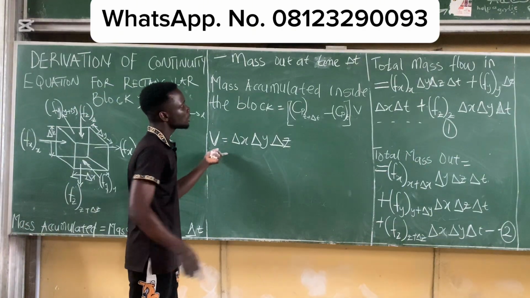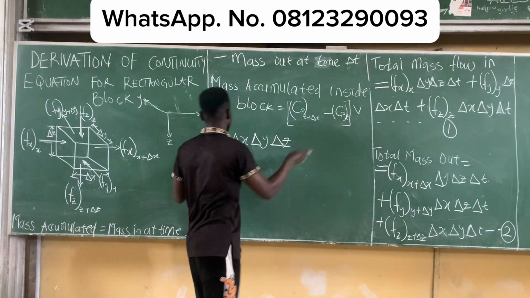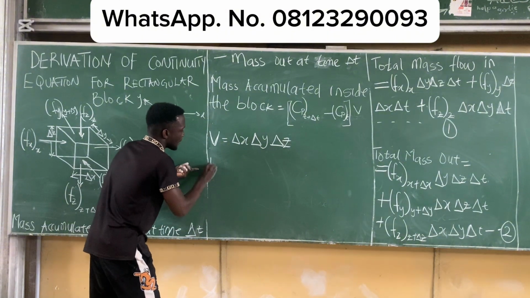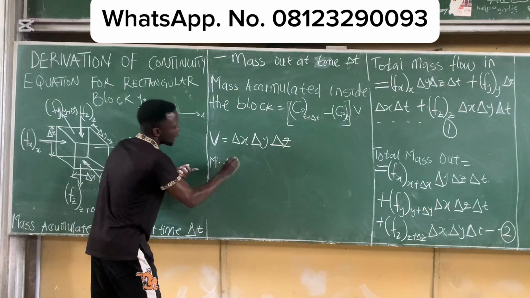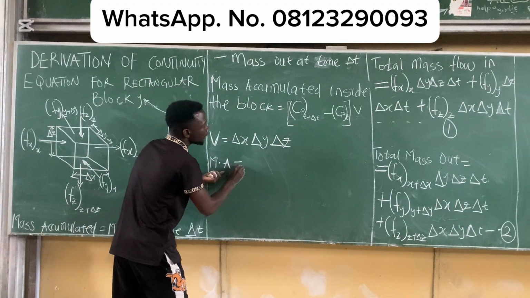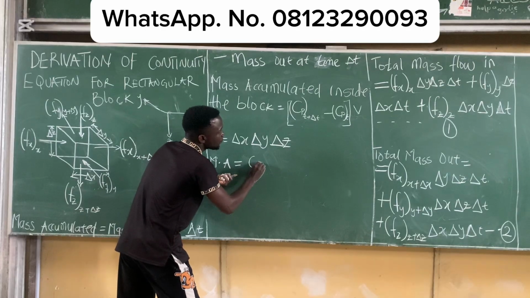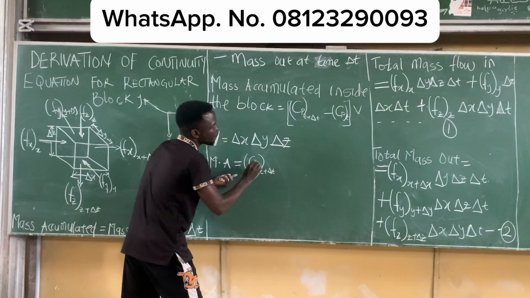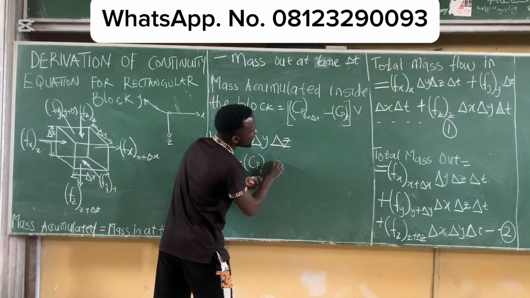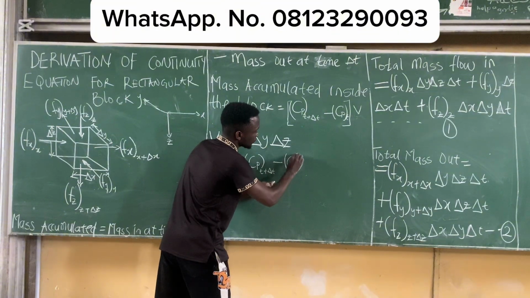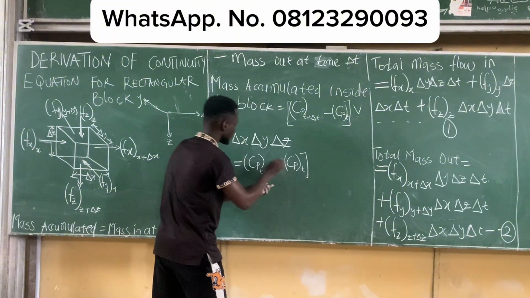So this becomes the volume. So if we substitute this volume in place of this volume, our mass accumulated, MA, let's use MA to represent mass accumulated, will be equal to Cp t plus delta t minus Cp at t.